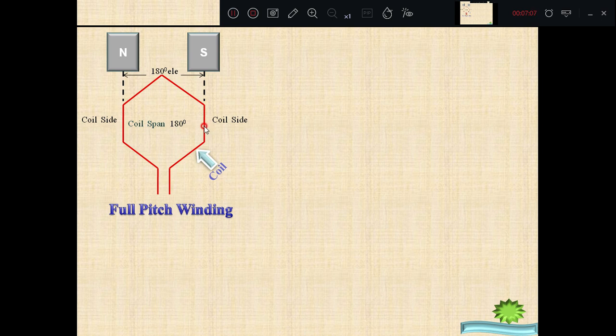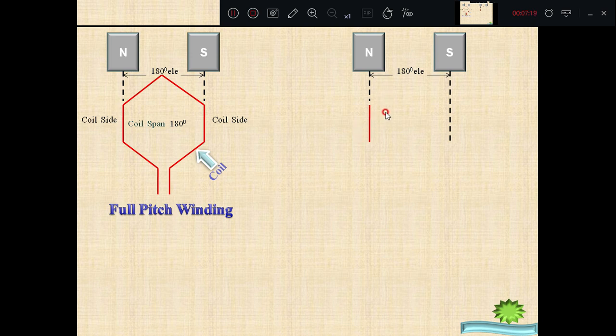In the other case, considering again the two poles with 180 degrees electrical between them, one coil side is placed exactly under the N pole, and the other coil side is placed at less than 180 degrees, so it is chorded or shortened by an angle alpha. If you join this coil, the resulting coil is called a short pitch coil.